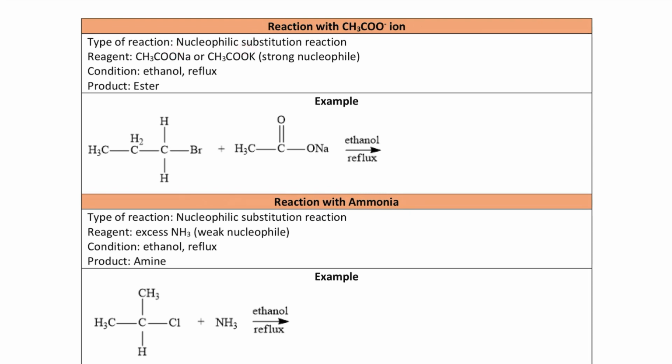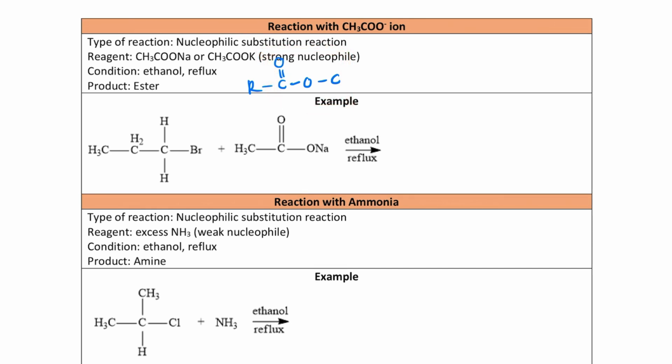Condition ethanol reflux, our product will be ester. Ester pula macam mana? Ester dia ada C double bond O, O, C. Dia macam tu. Ini alkyl group, tak kisahlah apa pun. Ini pun sama juga, can be any alkyl group.